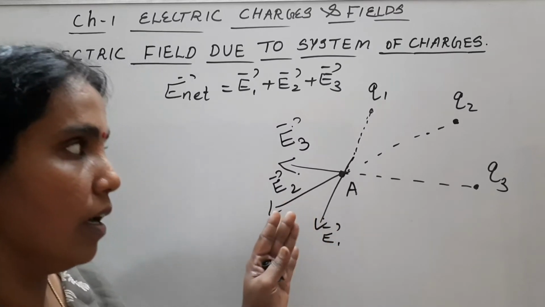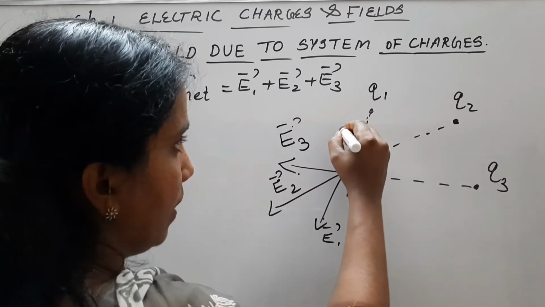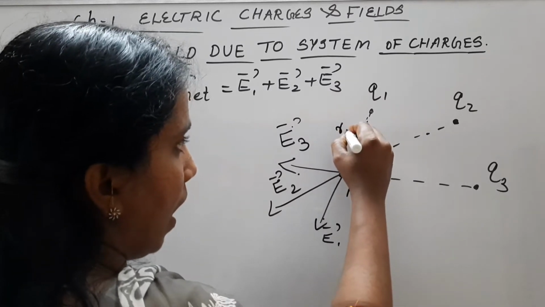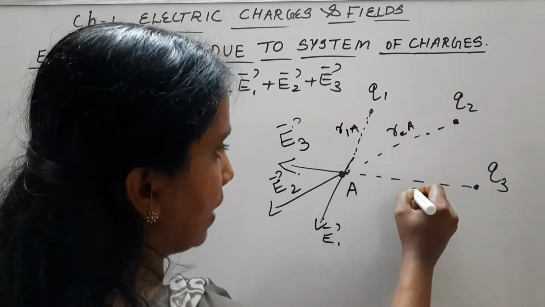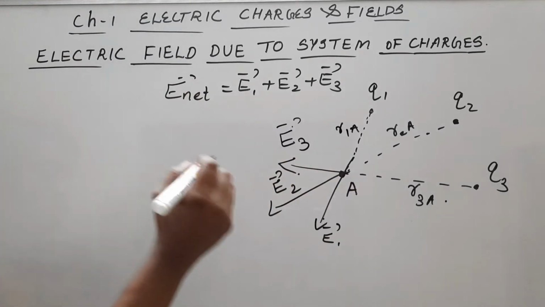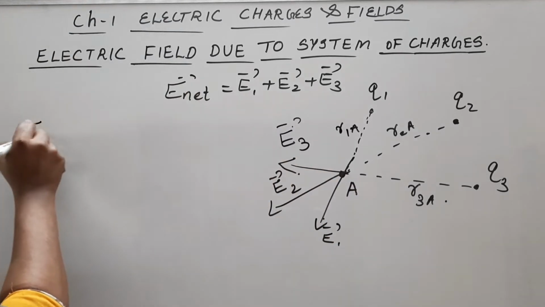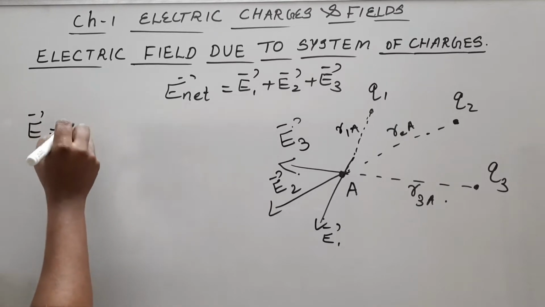If we write the equations, these distances, let's call them R1A, R2A and R3A. Our expression for net electric field is E net equal to E1 plus E2 plus E3.